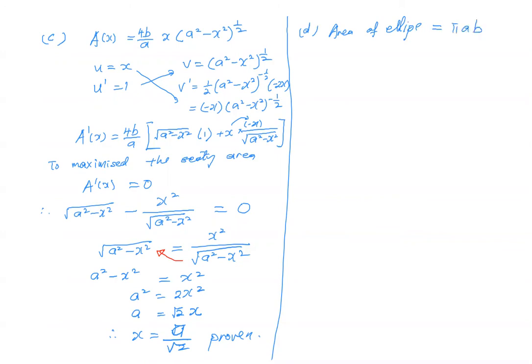Now, the area of the maximum sitting area, we know the formula, correct? 4b over a, it happened when x equals a over root 2, correct? So we substitute in.